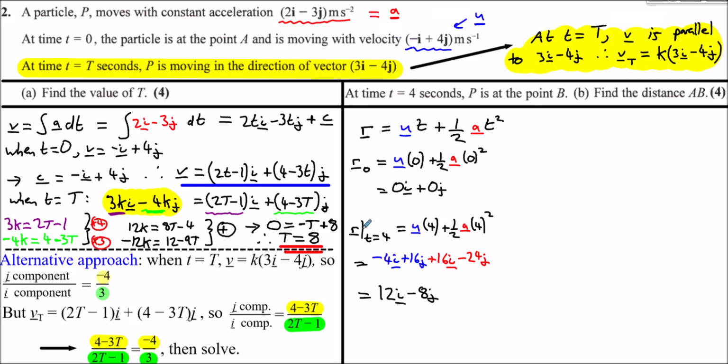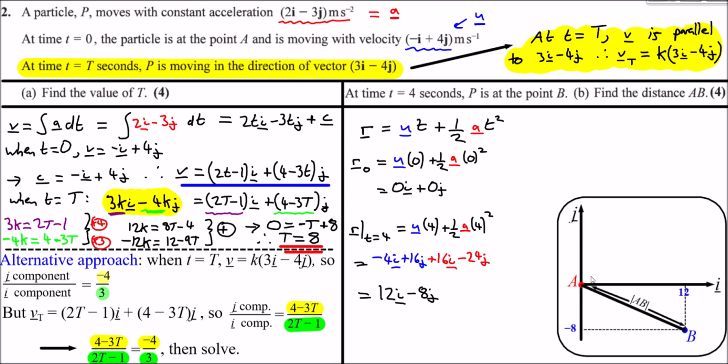So in terms of picturing the position vector at time equal to 4 seconds compared to the origin, we can picture this here, like so. So this is A, and this is B. So A and B. So therefore, picturing the distance between, that's the magnitude of AB.